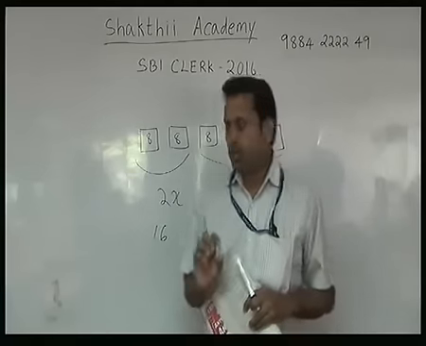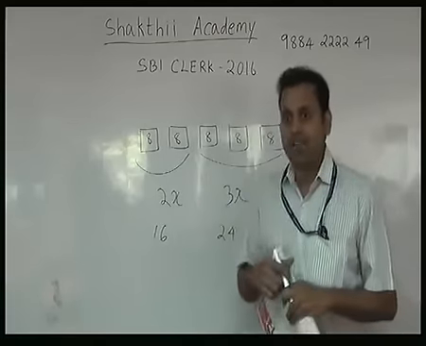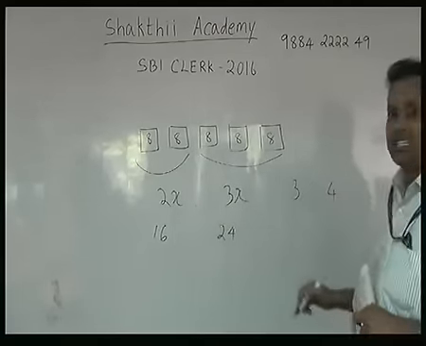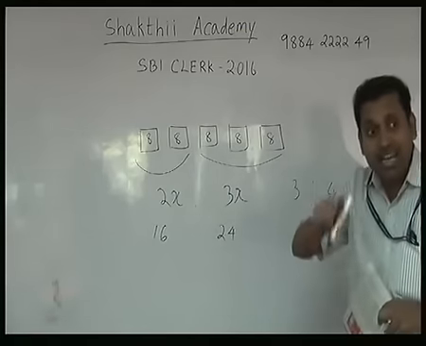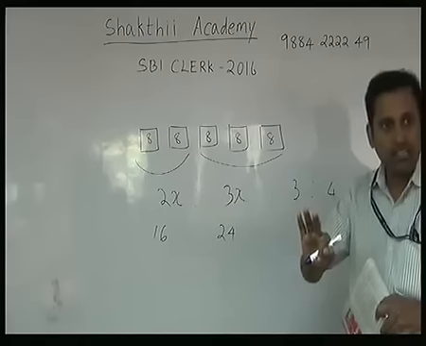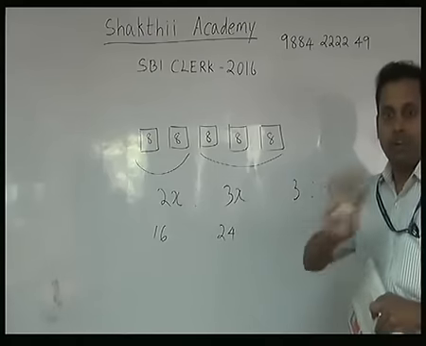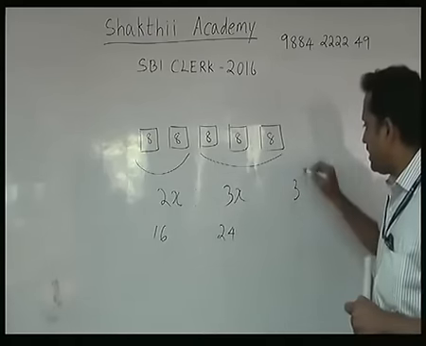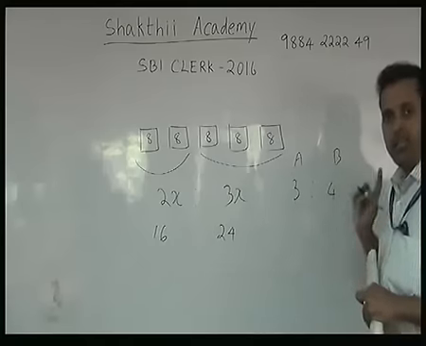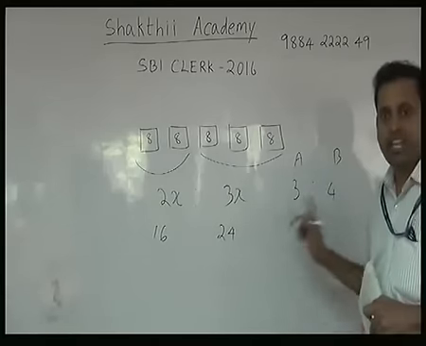Is it clear? So now you must understand, wherever I am given a ratio, for example 3:4, the original answer must be a multiple of 3. Suppose, for example, this is A salary, this is B salary, and the ratio is 3:4.